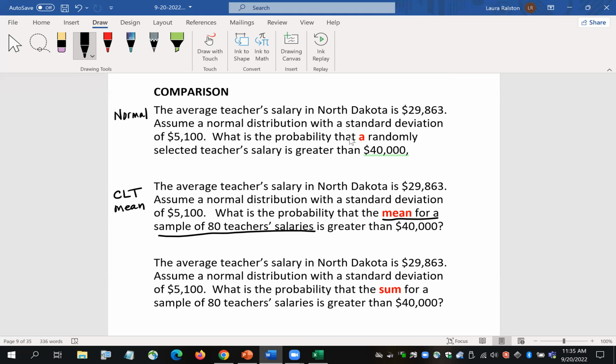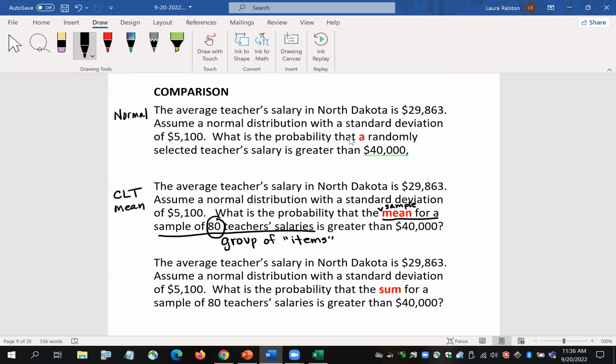One is talking about finding the probability that the sample mean, and you have a group of items rather than a single. So there's two differences to know that you want to apply the central limit theorem for the mean. It's going to use the phrase mean or sample mean. It might use average. The one we were just looking at used the word average, but those are all kind of synonyms. And you're going to have a group of items as opposed to a single.